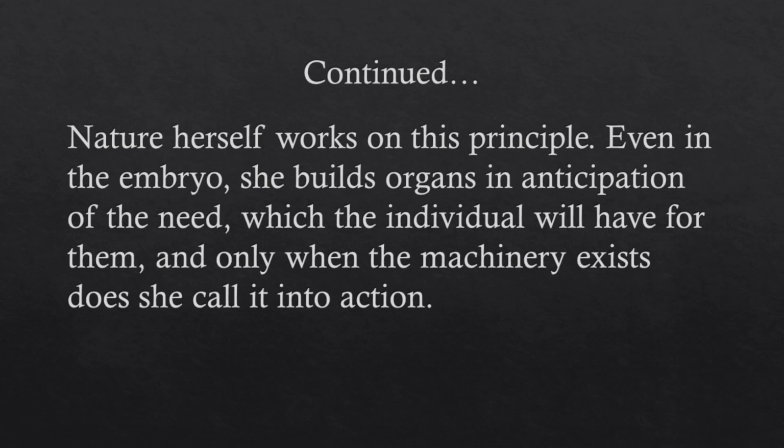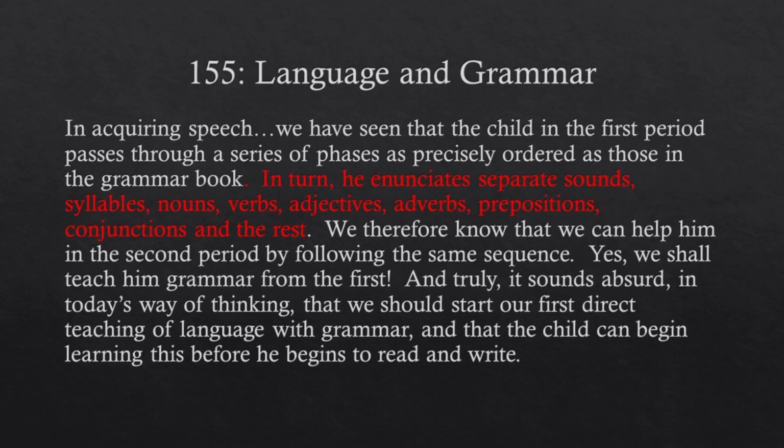But being born is not the end of the experience for that development. These organs don't actually fulfill their purpose until they're being used. So while there's this development going on before and after birth with all the different organs, they're not complete until we use them. On page 155, Montessori starts talking about language and grammar.